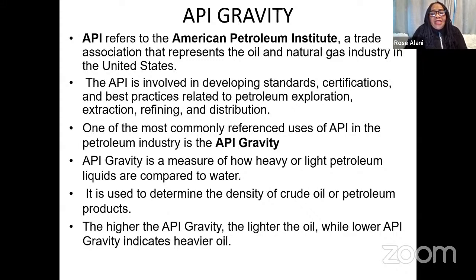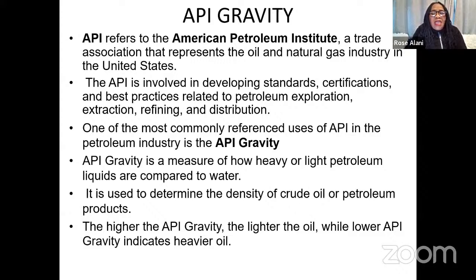API gravity is a measure of how heavy or how light petroleum liquids are when you compare them to water. It's used to determine the density of crude oil or petroleum products.